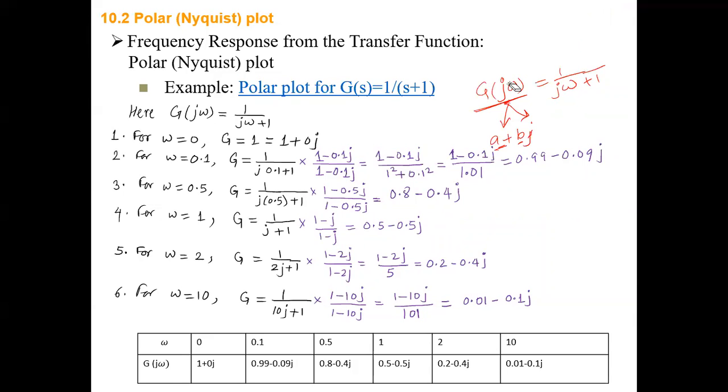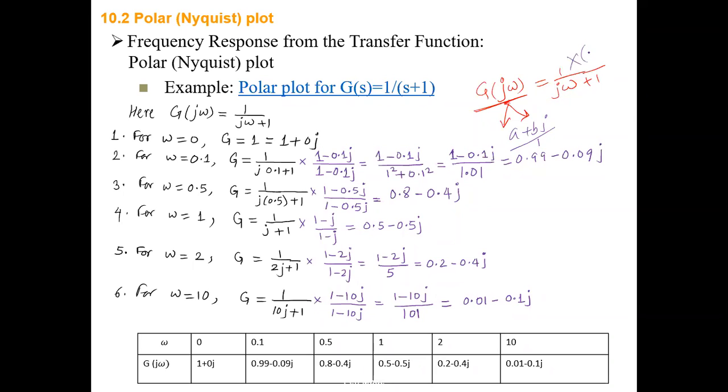You have to have the j on the top, right? Remember, there is no j on the bottom. A plus Bj, so the bottom is 1. The denominator is 1. That's why this j has to somehow go to the top. How do you do that?